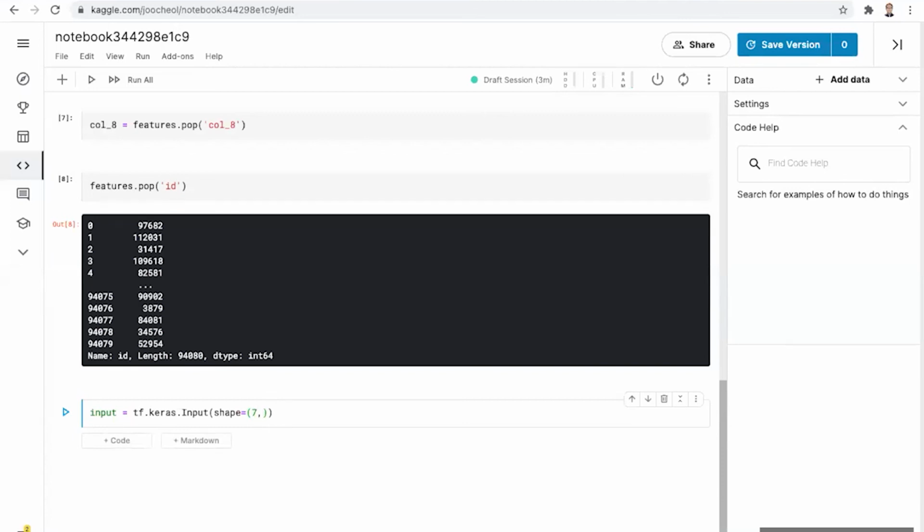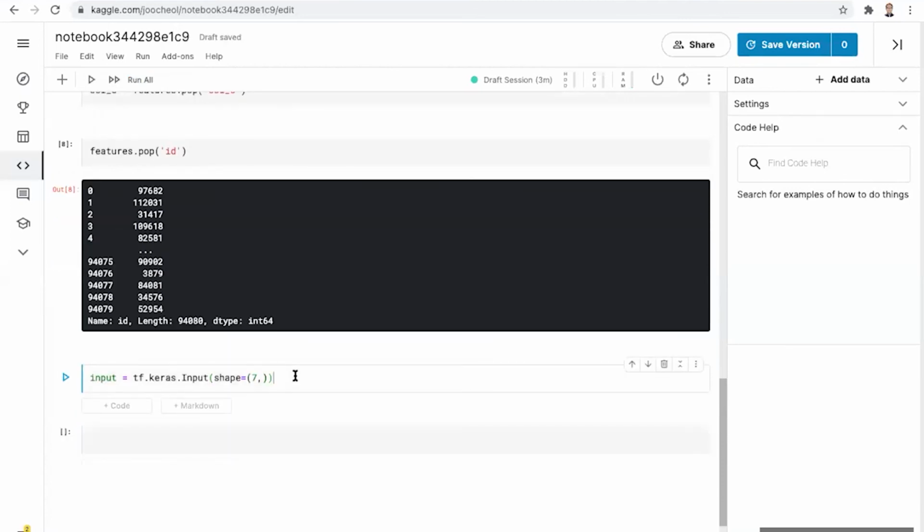So 7. And then y is tf.keras.dense, and activation is relu, and it takes my input.